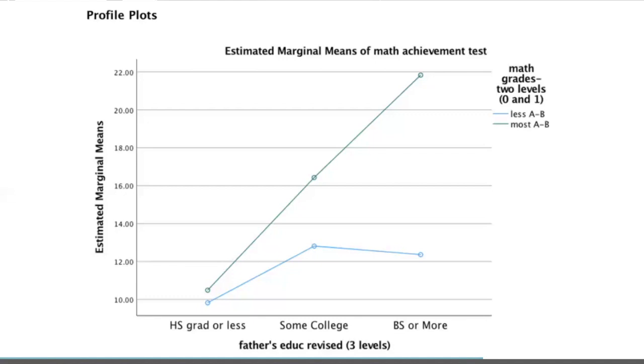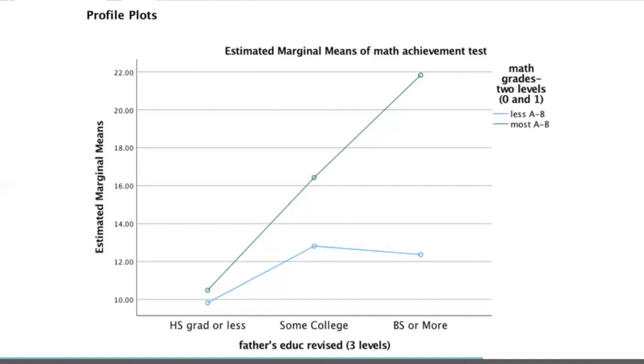Again, what we are doing is asking SPSS to add in the variables of the different levels. What if the student has the highest level of education and the father has that middle level of education?